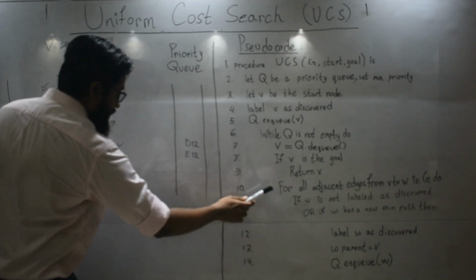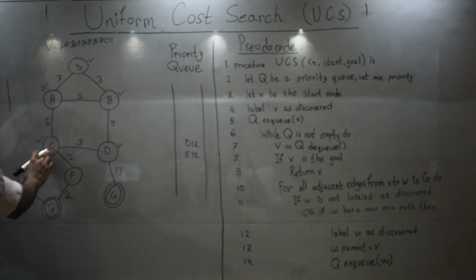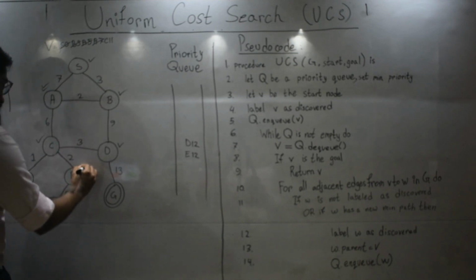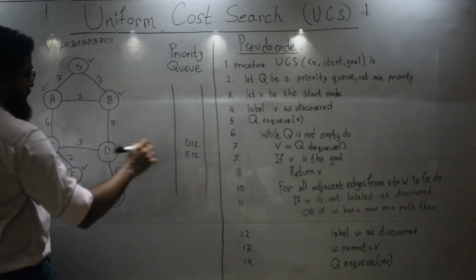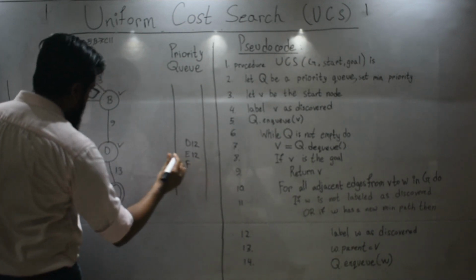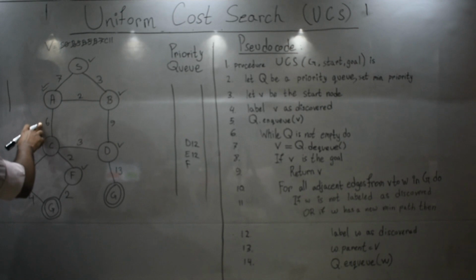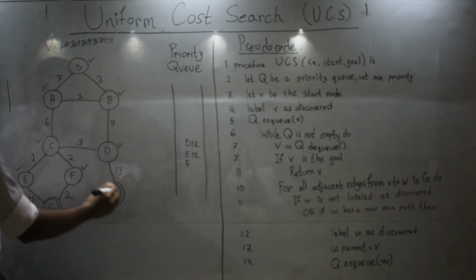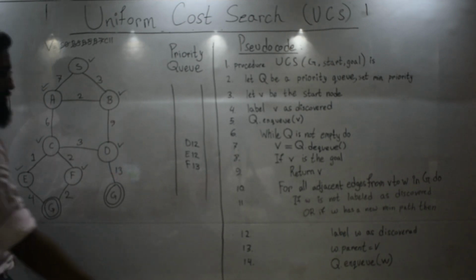Again, come back to line number 10. The next neighbor of C is F. Discover F, set the parent of F to C and enqueue. F will have a value of 11 plus 2, 13. Okay, we've reached the end.